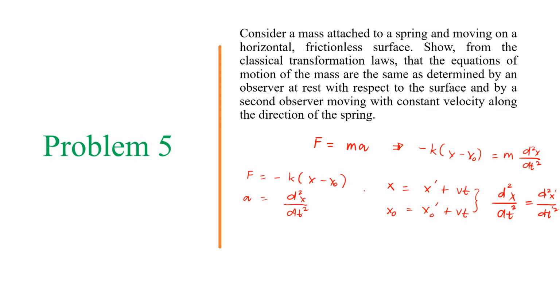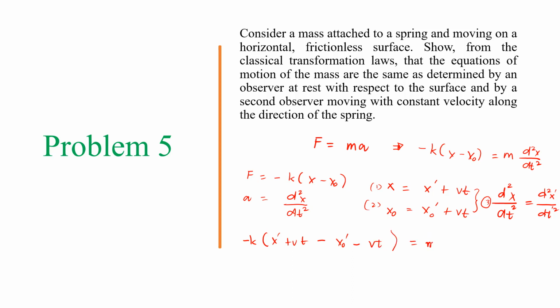Now, if we substitute equations 1, 2, and 3 into our equation of motion, then we will have minus k, your x is x prime plus vt, minus x naught prime plus vt.